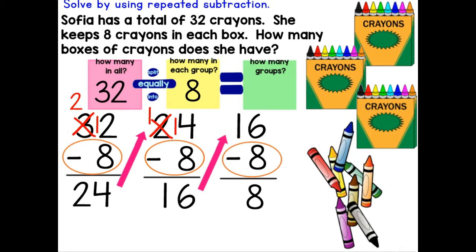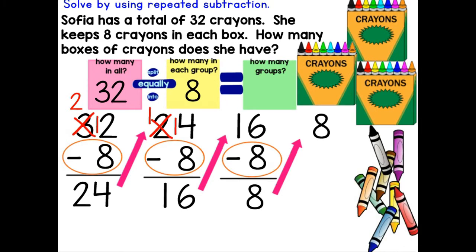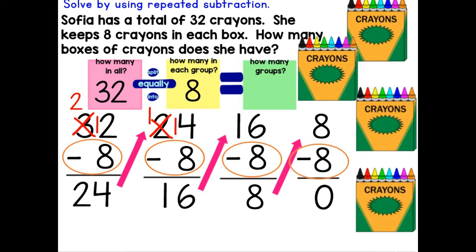Sophia has put another 8 crayons away in their box. So now Sophia is going to take these last 8 crayons and make a group of 8 out of them. So now she has 0 crayons left to put away.